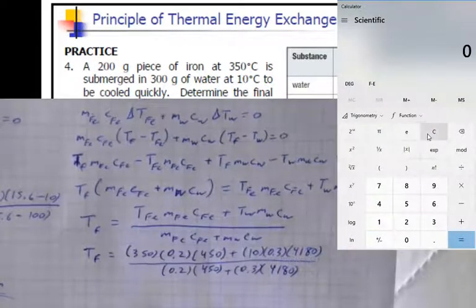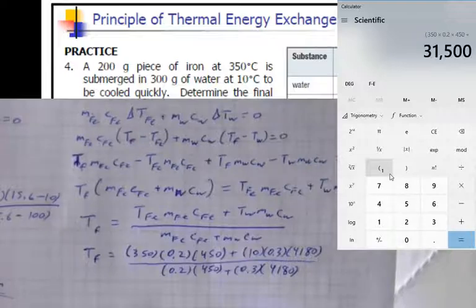So my numerator, bracket, 350 times 0.2. Sorry, I screwed it up. I'm going to redo that.